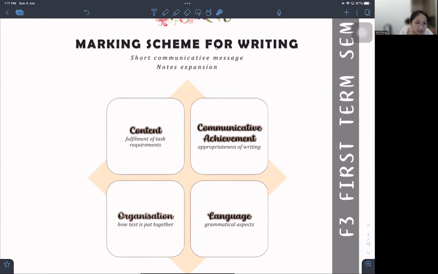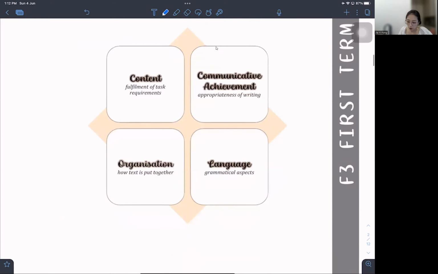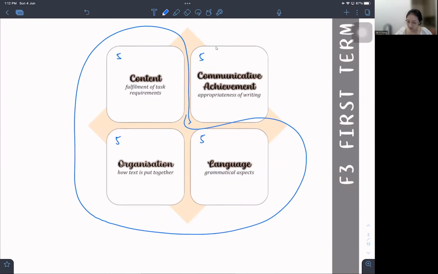As a Form 3 student, I suppose you already know, no matter what essay you're writing, there will be 20 marks. These 20 marks are divided into 4 sections: content, organization, language, and communicative achievement. I like to divide my marking scheme in this manner.